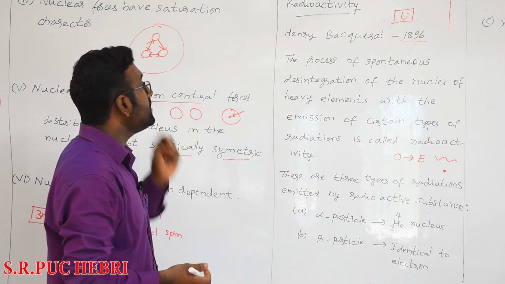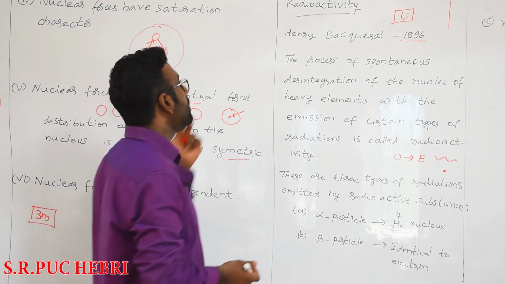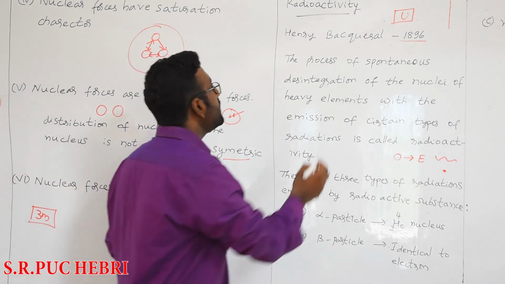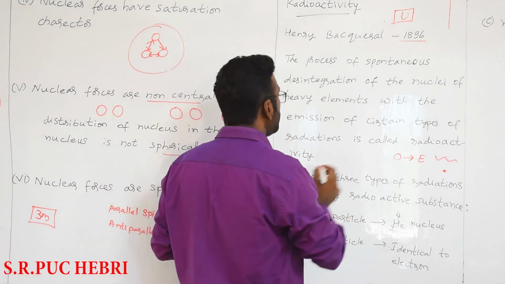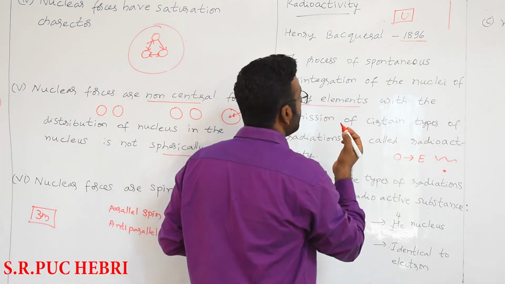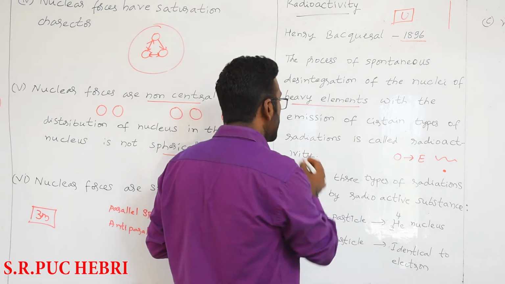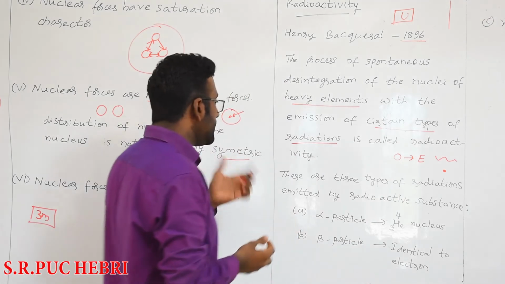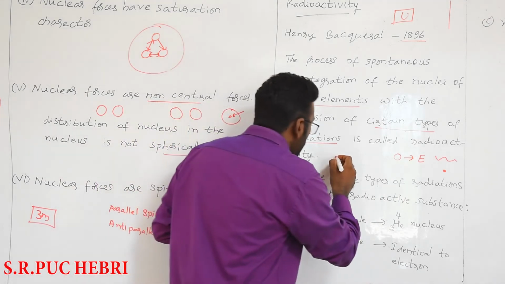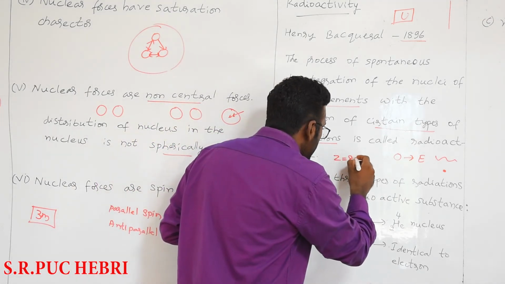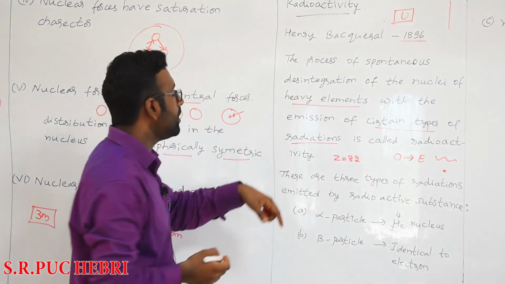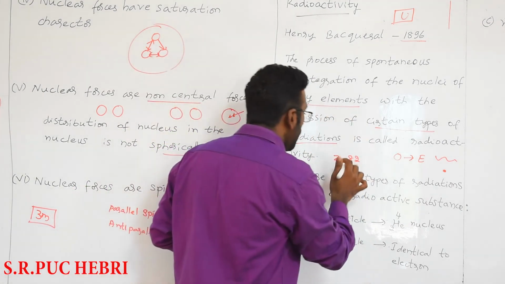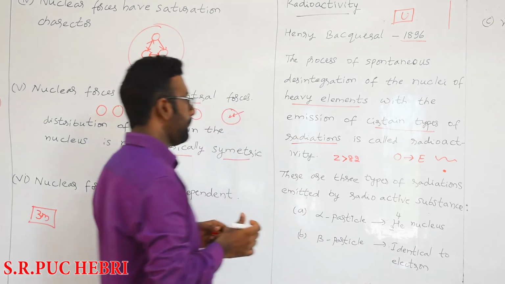Then we can say the process of radioactivity is a spontaneous disintegration of nuclei of heavy elements with emission of certain types of radiation. So it is a disintegration. You must know that for atomic number greater than 82, all the elements are unstable.